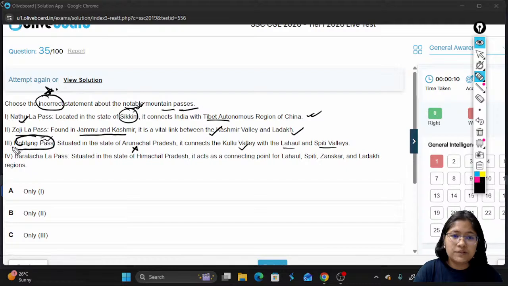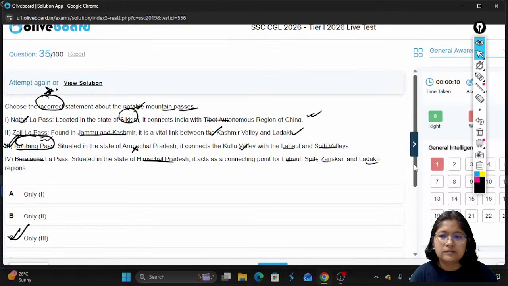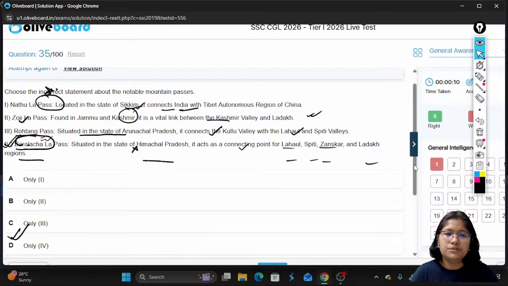Now Sissu Valley is also getting crowded. So 3 is your incorrect statement here. Only 3 is the incorrect statement. Let us see 4. Baralacha La Pass is situated in Himachal Pradesh and it connects Lahaul, Spiti, Zanskar and Ladakh. So C only is the correct answer.